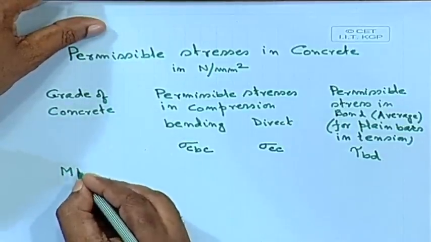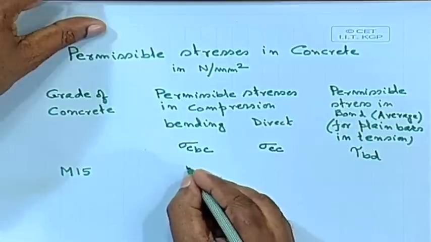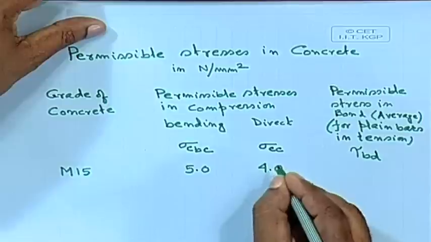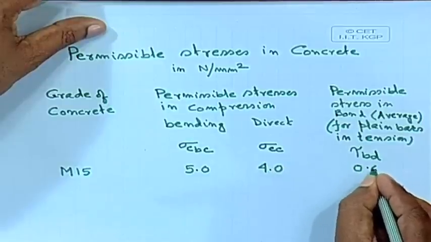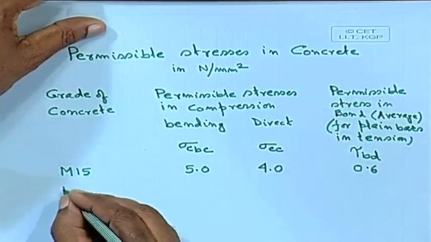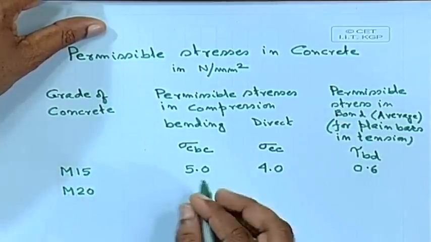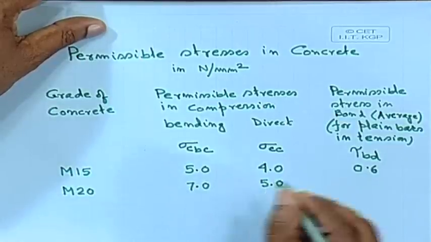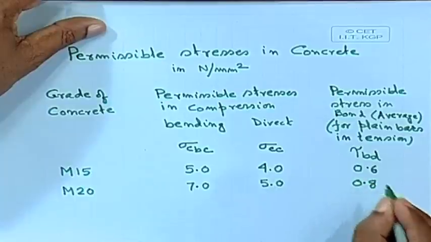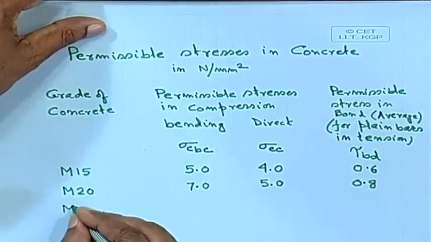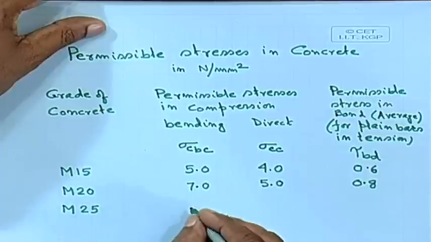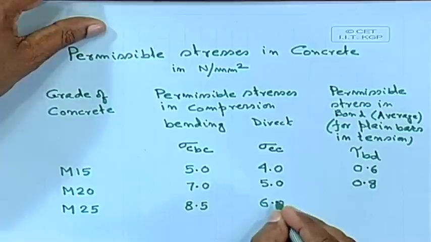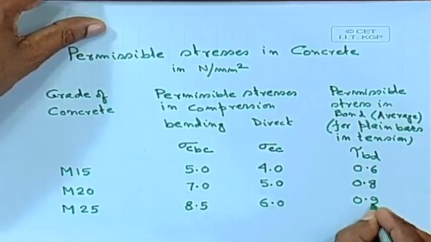For M15 it is 5.0, direct compression is less, 0.6. M20: 7.0, 5.0, 0.8. M25: 8.5, 6.0, 0.9.